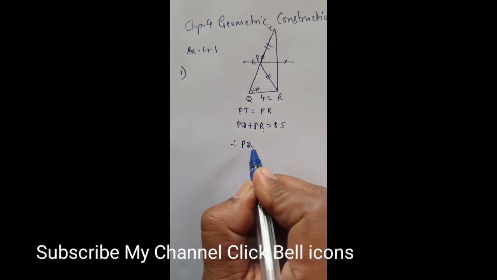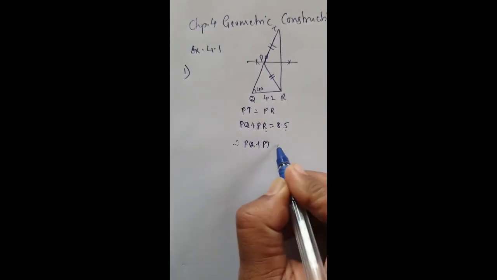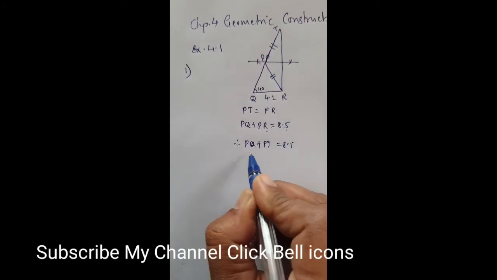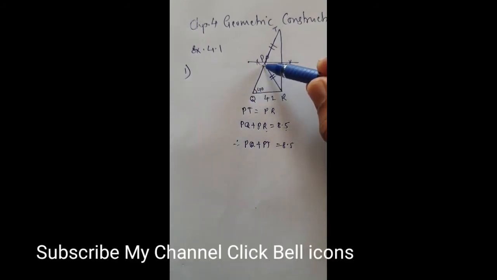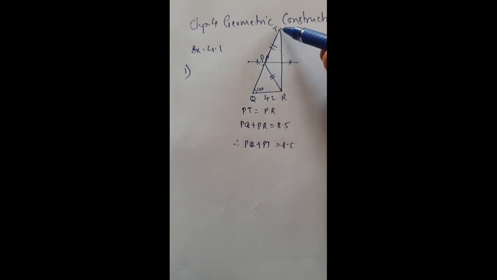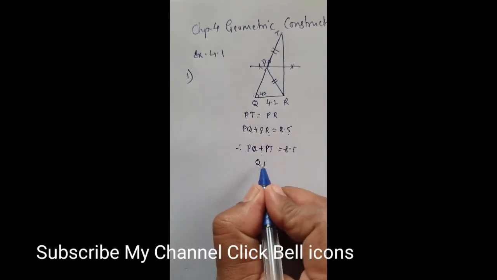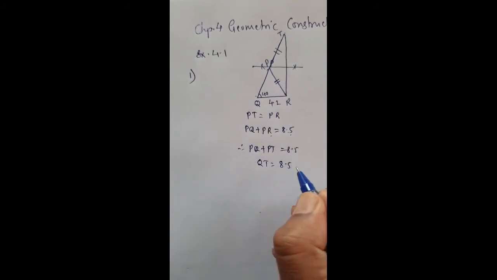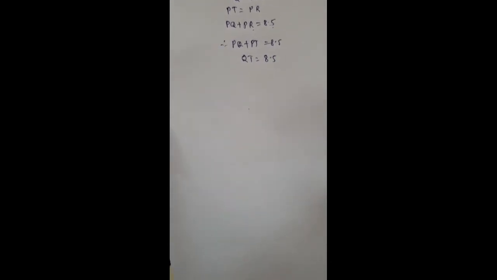So therefore PQ plus PT equals 8.5. So PQ plus PT, that becomes QT equals 8.5. Now we will construct the actual figure with the help of instruments.